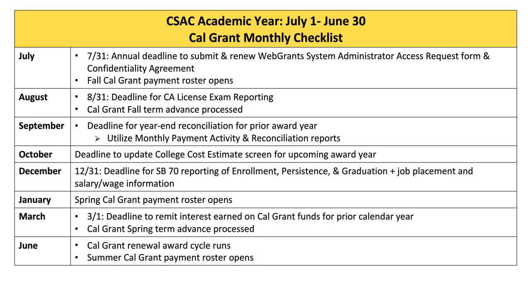In January, the spring Cal Grant payment roster opens. Then, March 1st is the deadline to remit interest earned on Cal Grant funds for the prior calendar year, and also the Cal Grant spring term advance is processed. Then, in June, the Cal Grant renewal award cycle runs, and the summer Cal Grant payment roster opens.